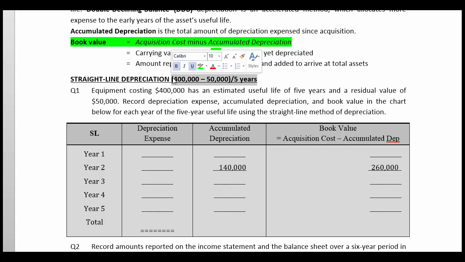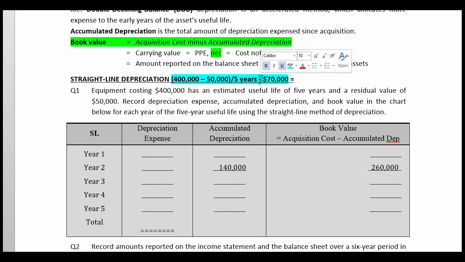So depreciable base divided by the years of useful life. In this case, this would be equal to 70,000, because 400 minus 50 is 350,000 divided by 5 years is 70,000. So your annual depreciation expense would be 70,000.